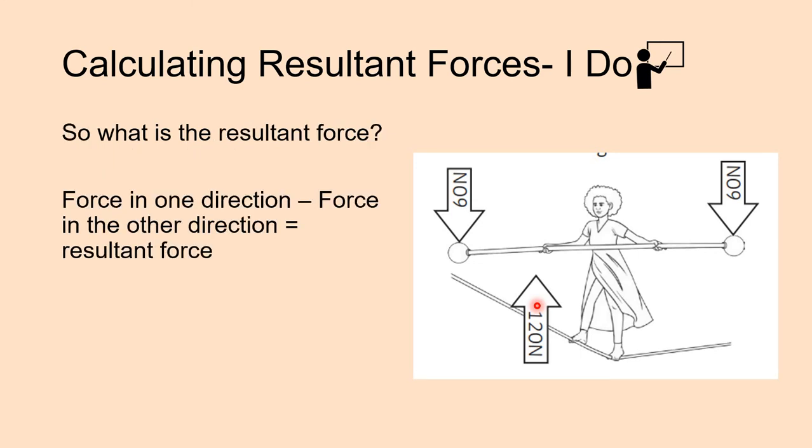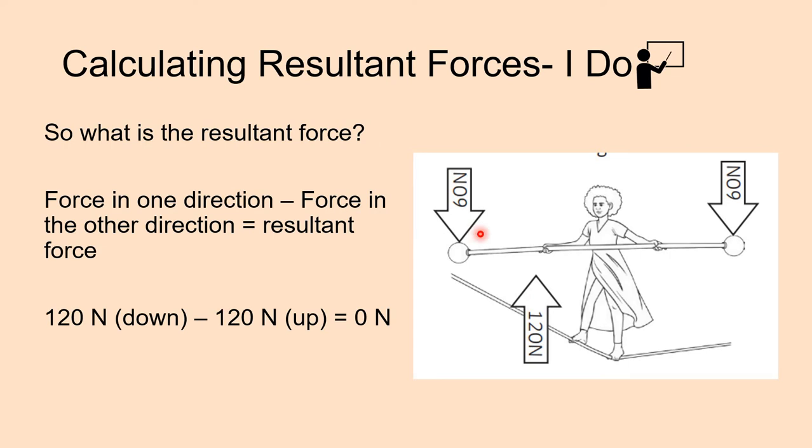So we find the resultant force by doing the force in one direction, the biggest force, minus the force in the other direction, and that gives us the resultant force. So for this example, we would have the 120 newtons going down minus the 120 newtons going up, for an answer of 0 newtons. So in this scenario, the forces are all balanced.